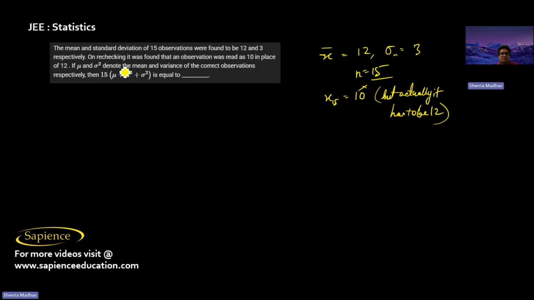If mu and sigma square denote the mean and variance of the correct observations respectively, then find 15 into mu plus mu square plus sigma square. Now therefore x bar is x1 plus x2 till x14 plus x15, that is 10, divided by 15, that is equal to 12.